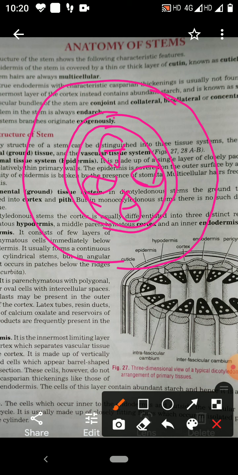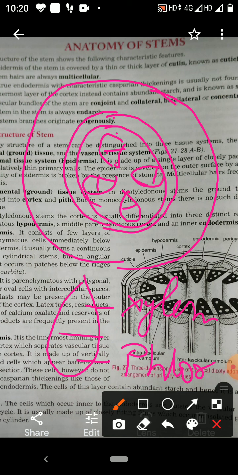Xylem is inside and phloem is outside. It means xylem and phloem are both present on the same radius. There is xylem and phloem. In the root, vascular bundles are radial, but in the stem, vascular bundles are conjoint collateral. When xylem and phloem are both present on the same radius, that is a conjoint and collateral vascular bundle.